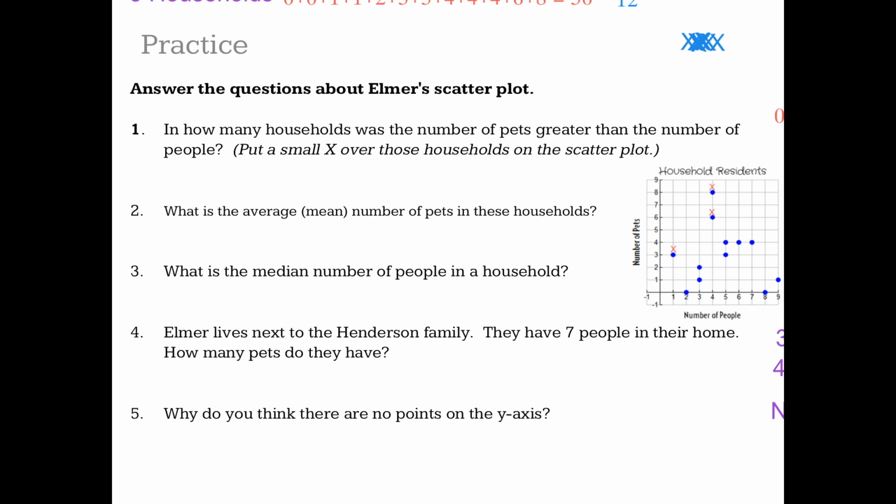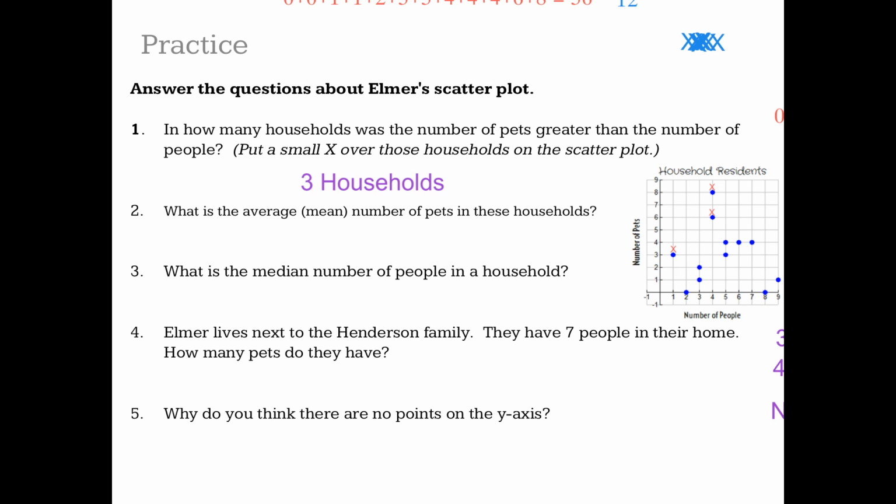Then 5 people in the house with 3 and 4 pets, that doesn't work. 6 people with 4 pets, 7 people with 4 pets, 8 people with no pets, and 9 people in one house with 1 pet. None of those get an X. So how many households did I put X's over? Looks like 3, so I'm going to write 3 households.